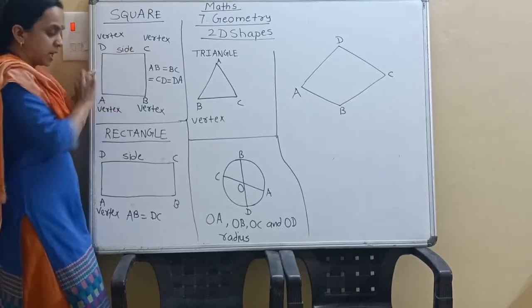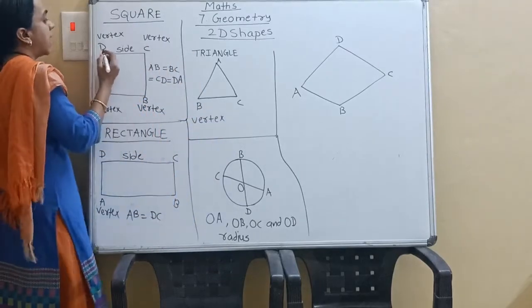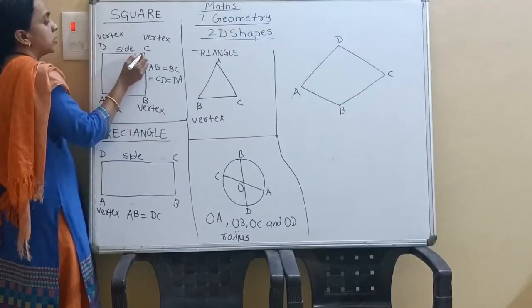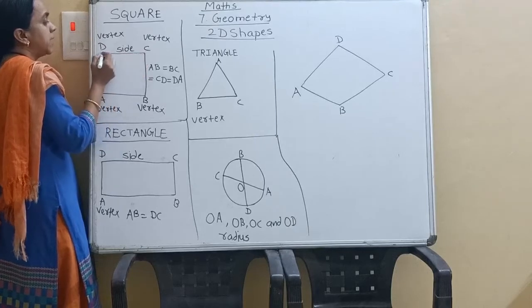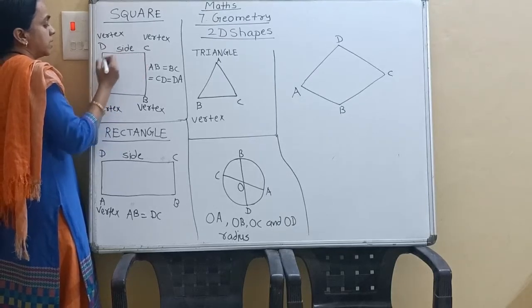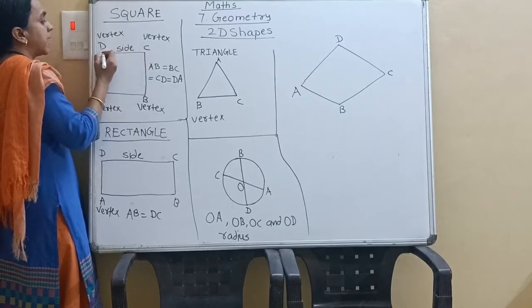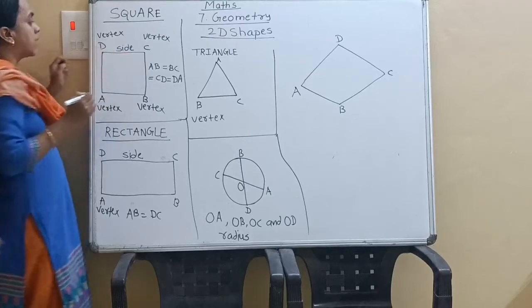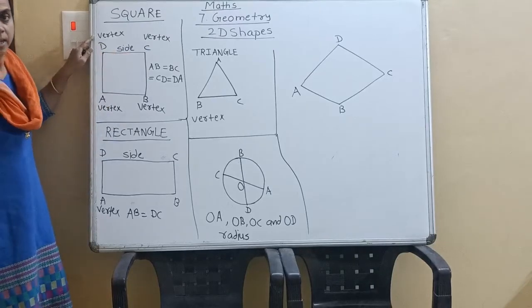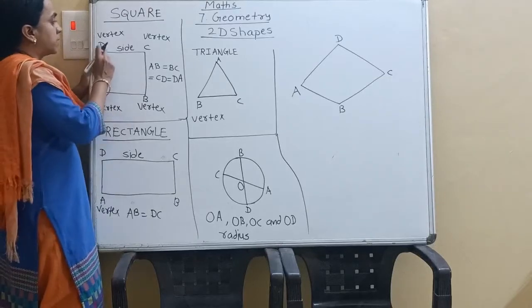And where two lines meet at one point, for example this CD line and this AD line, where AD and CD join, that point is called a vertex.